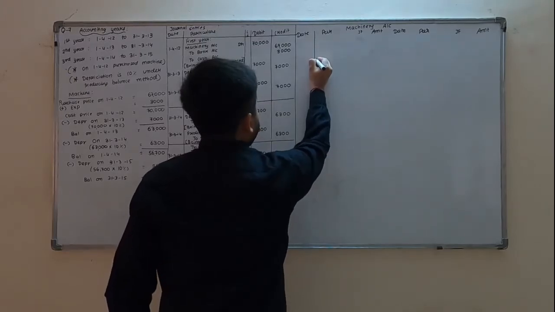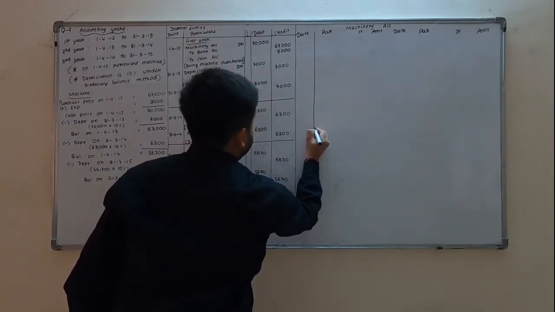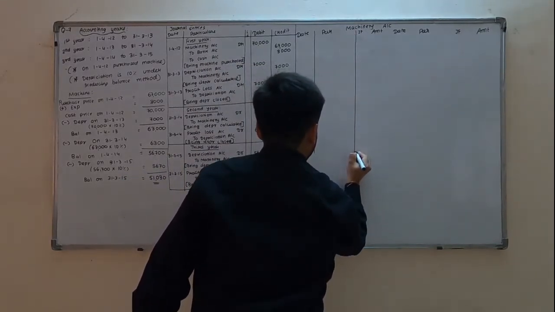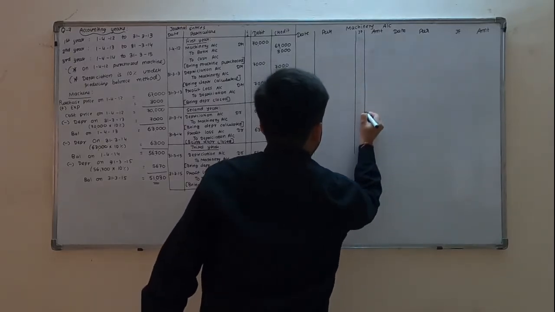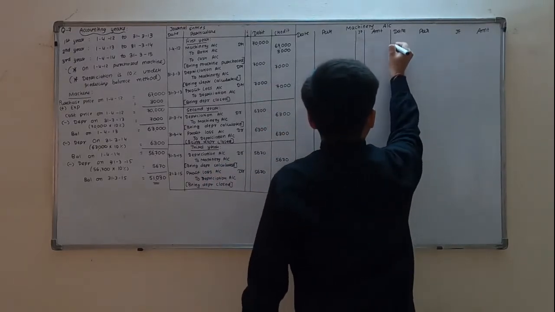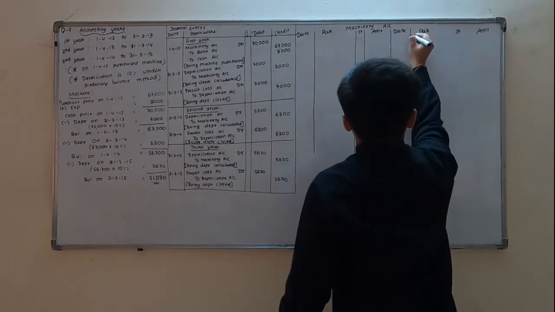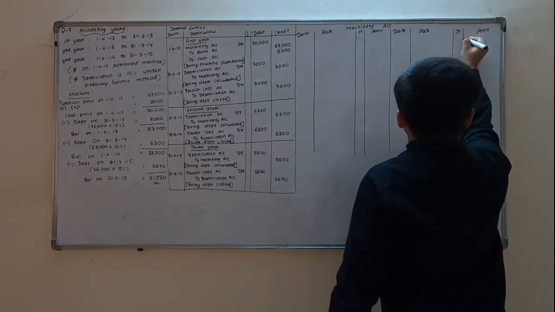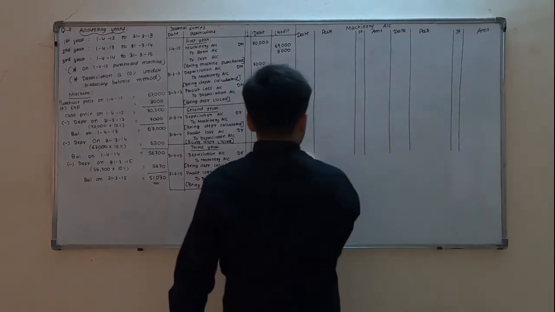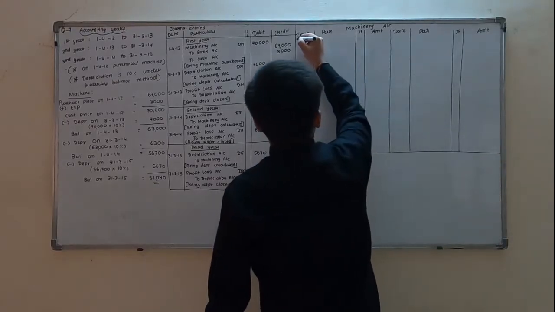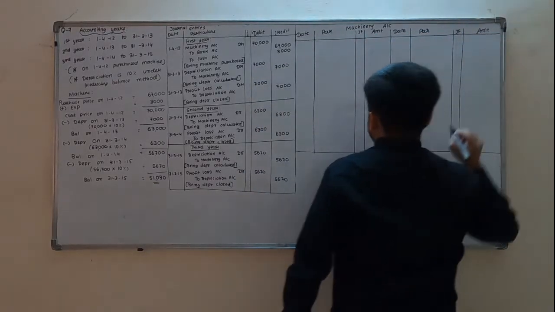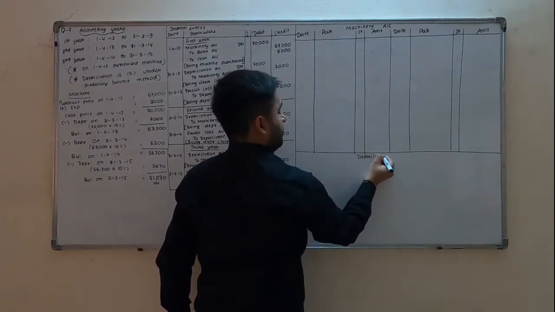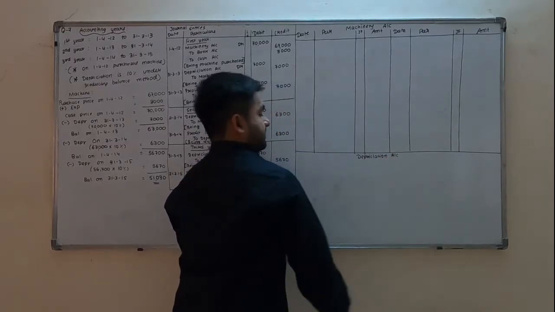Now make it for 15 lines. And with that depreciation amount, make it for 10 lines.